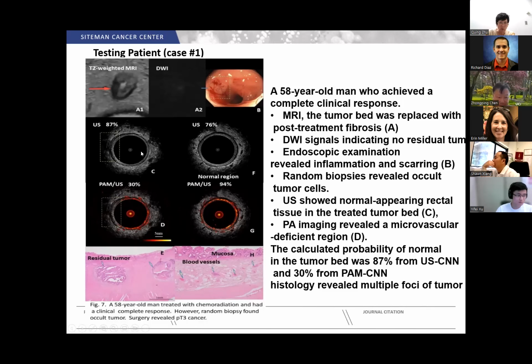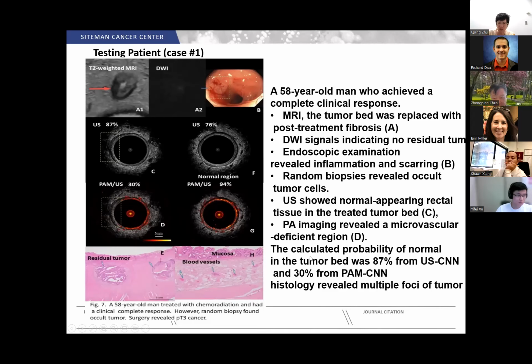Then we use photoacoustic in the middle. You see this is ultrasound, and the number here corresponds to the probability output. A higher number indicates normal, sorry, a lower number indicates abnormal or cancer. So photoacoustic correctly predicted that in this case there was a residual tumor.